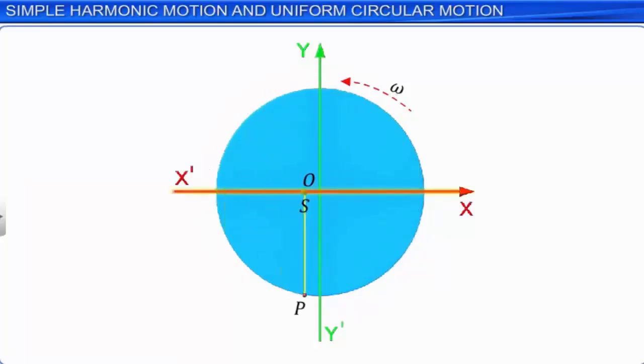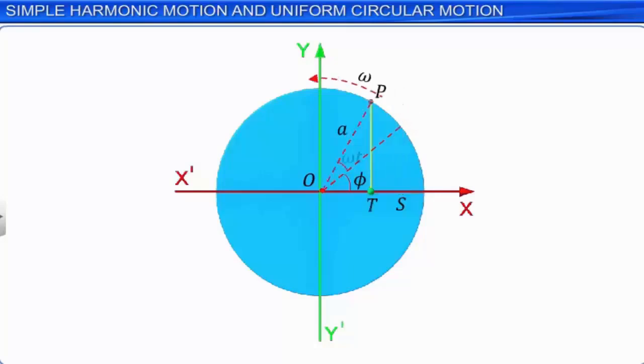At time t = 0, the revolving particle makes an angle φ with the x-axis. From this position, when it moves through an angle ωt in a time interval t, its projection moves from S to T along the x-axis.